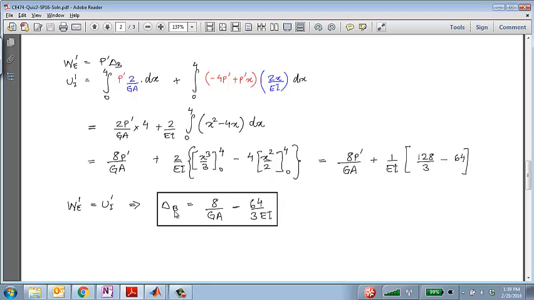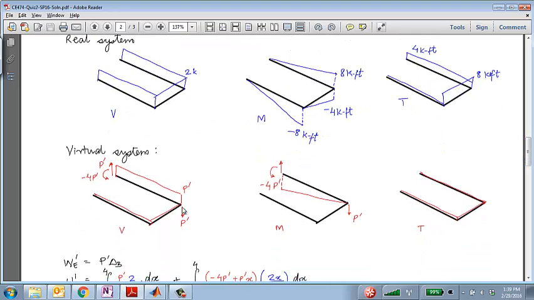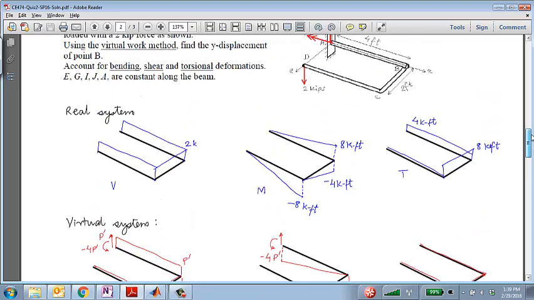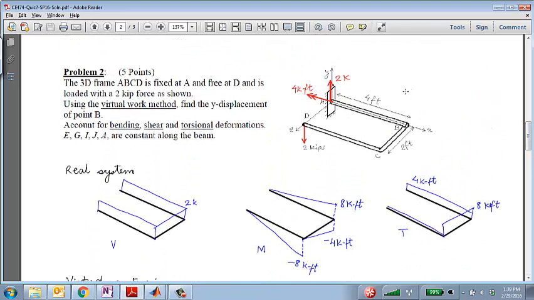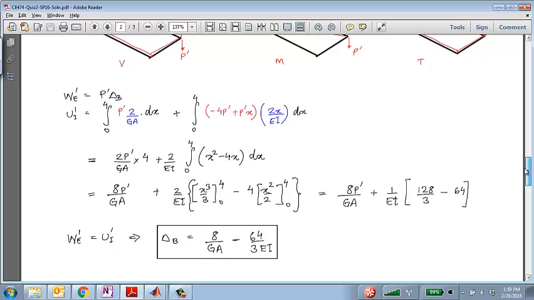Which means that since I'm applying P downward here, the actual displacement of the real structure at B would be upward. Okay, which is also something that I tried to explain in the class the other day. All right, any questions on this problem?